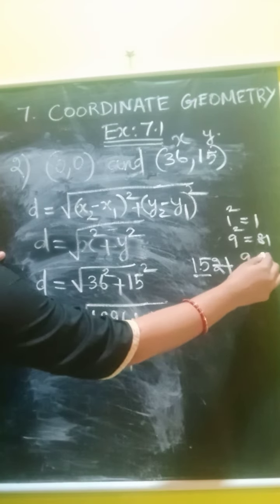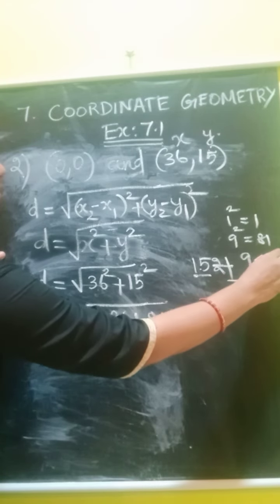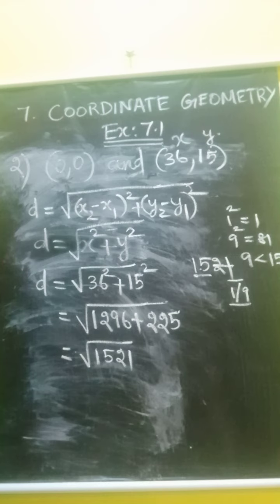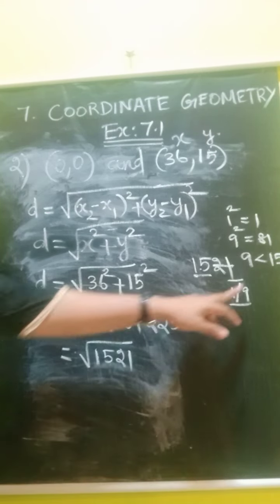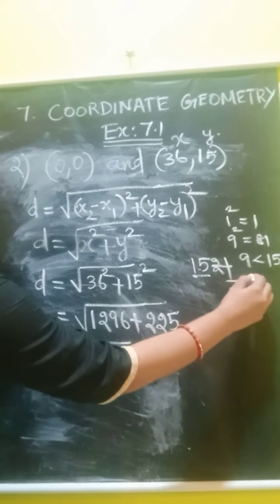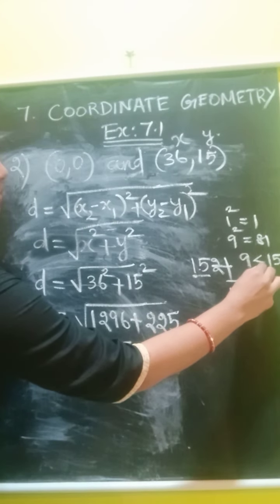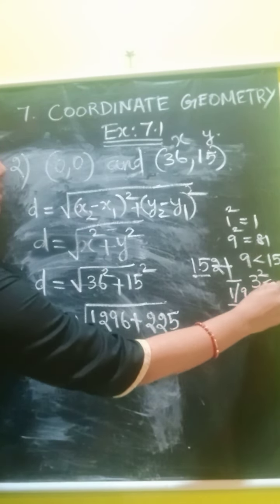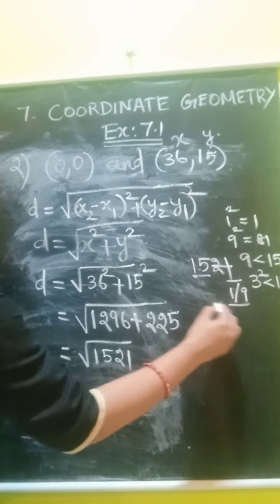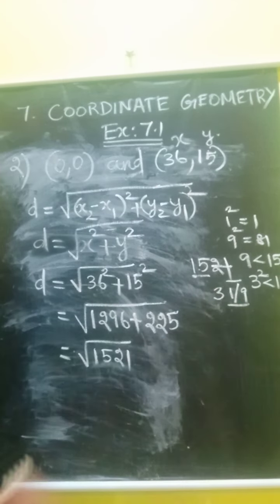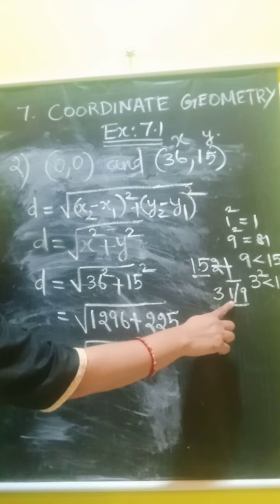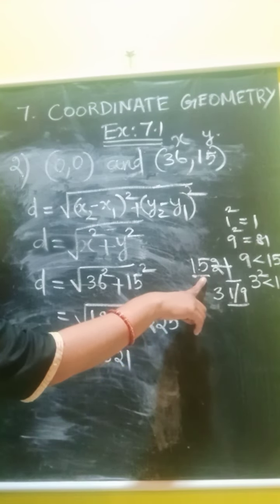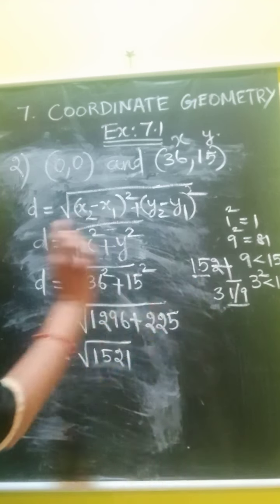It is less than 15 and close to 15 also. So 9 is the perfect square of 3. So 3 square is less than 15. So the first digit should be 3. So either the number, the square root should be 31 or 39.